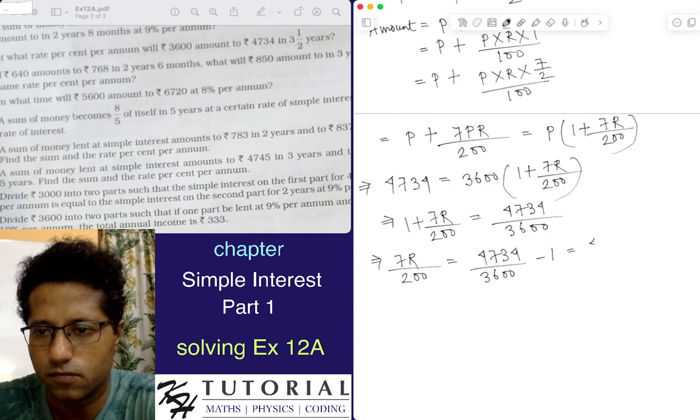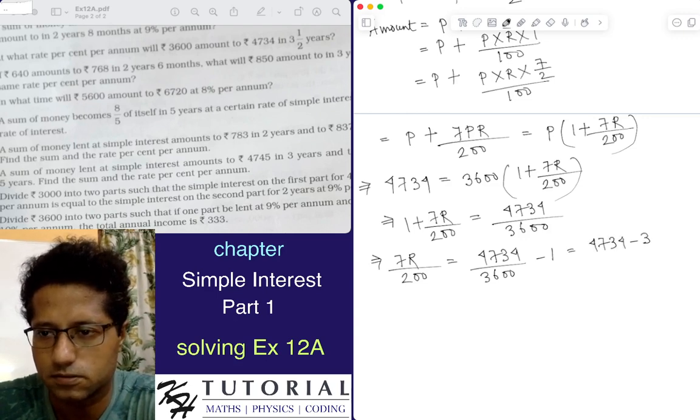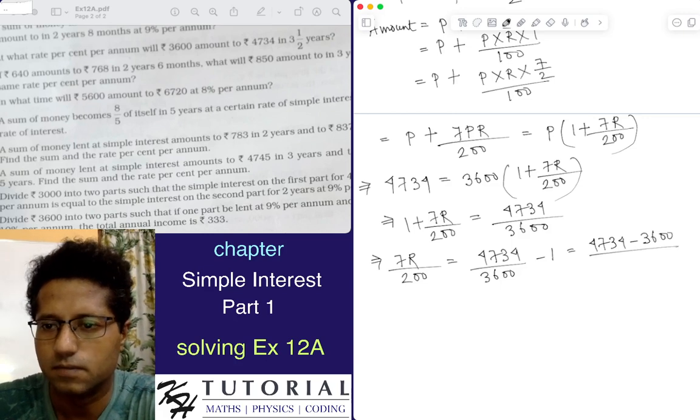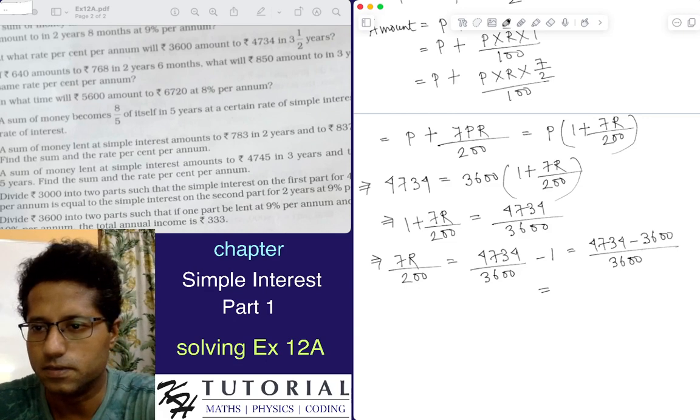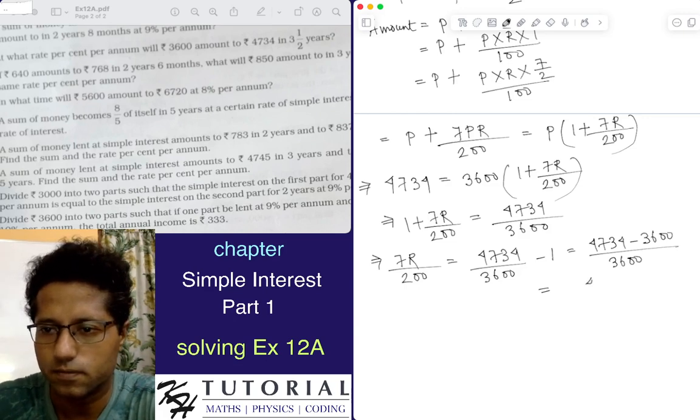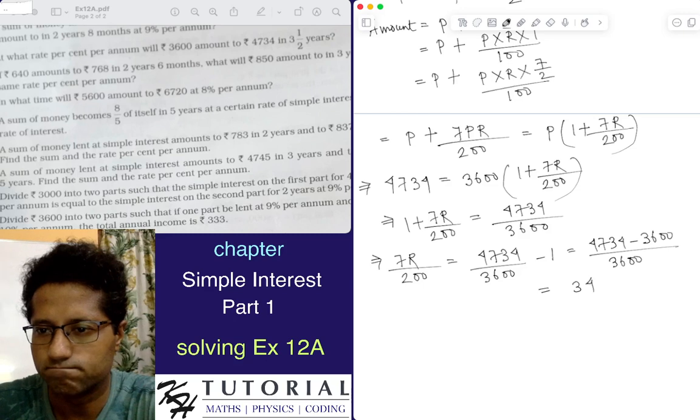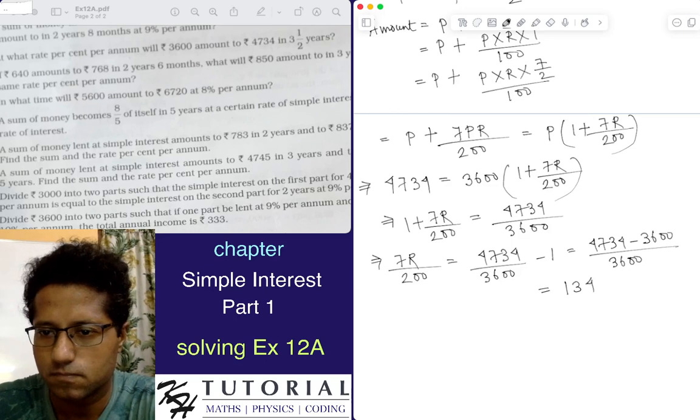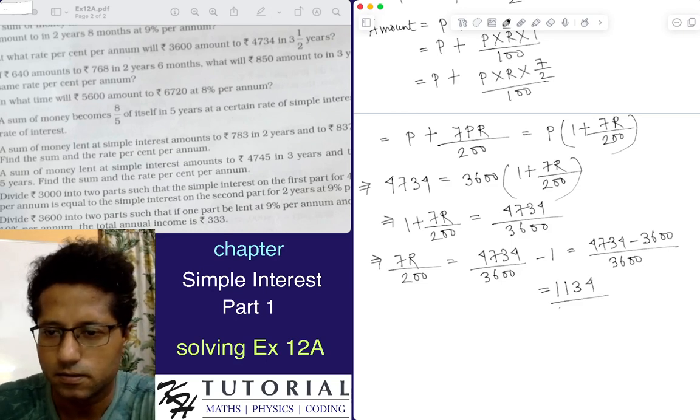This is 4734 minus 3600 divided by 3600. This will be 1134 divided by 3600.